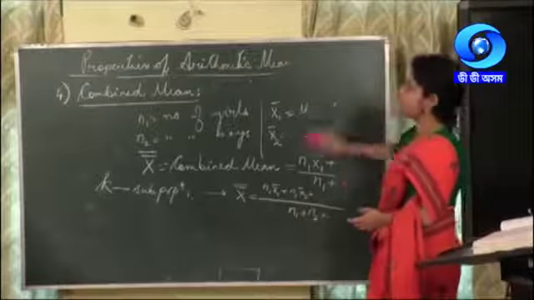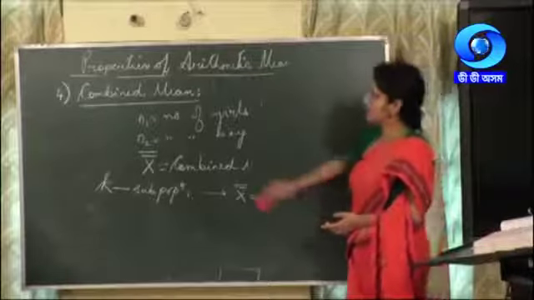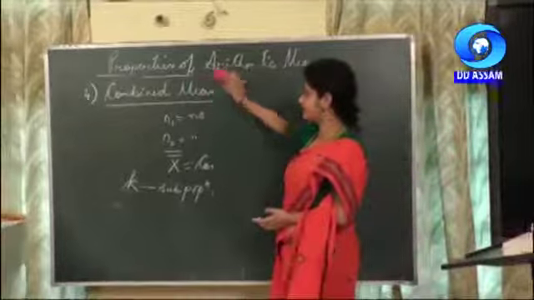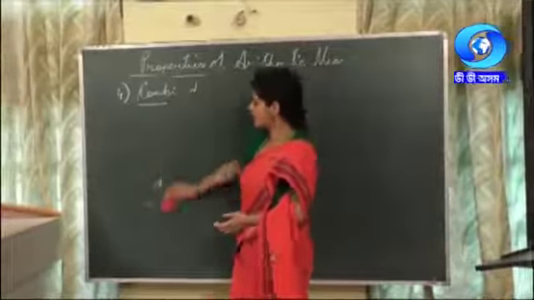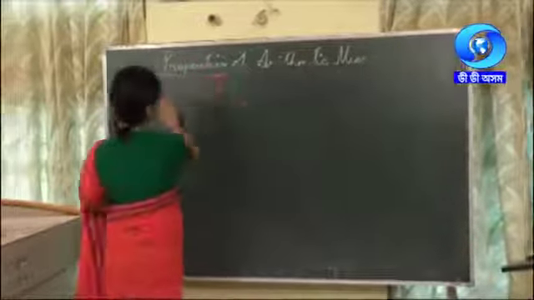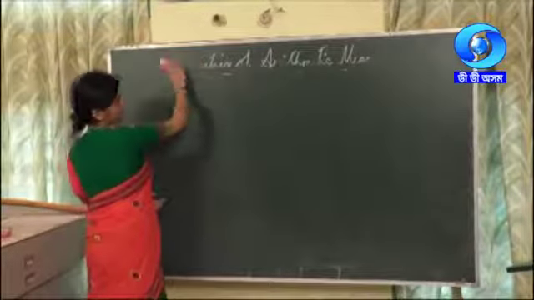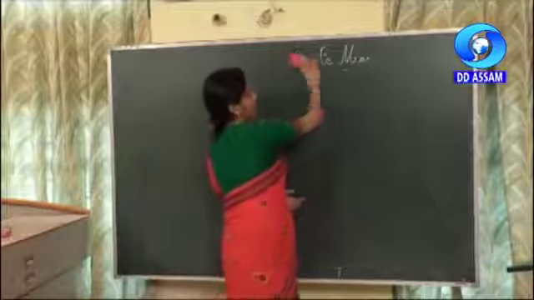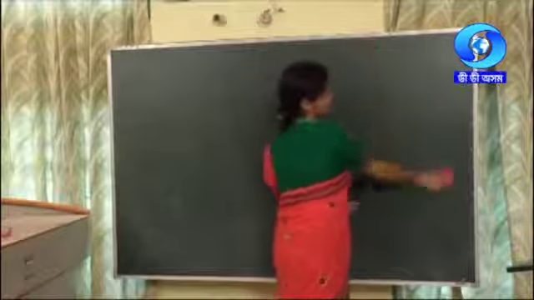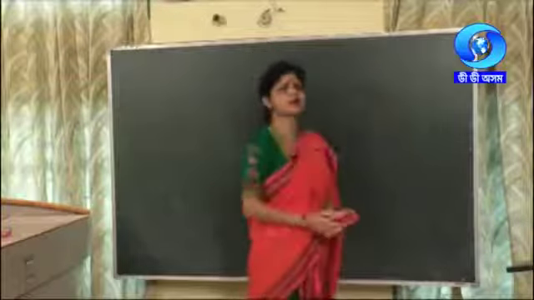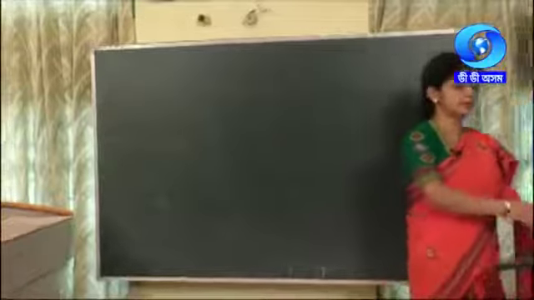So these are the 4 very, very important properties of arithmetic mean, for which you have to know the mathematical implication. For combined mean, you get sums up to 5 marks, and for the other properties, you will get small sums consisting of 1 to 2 marks.